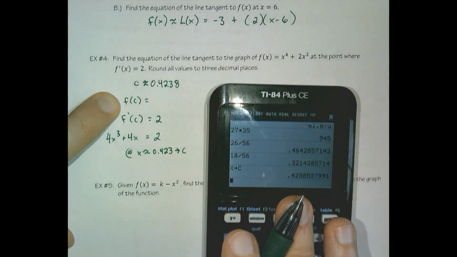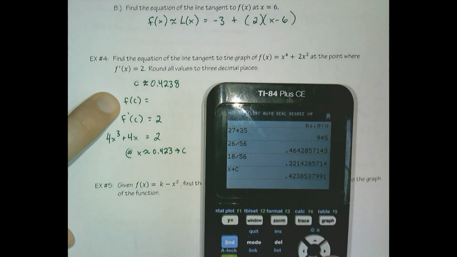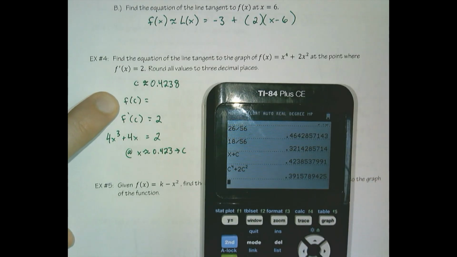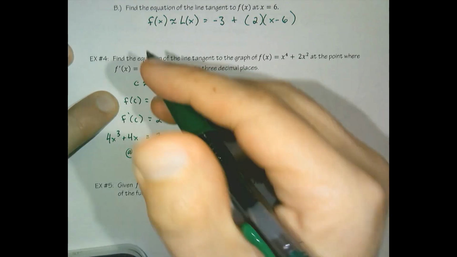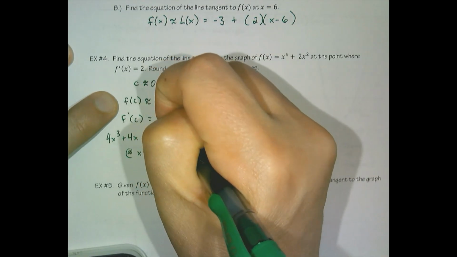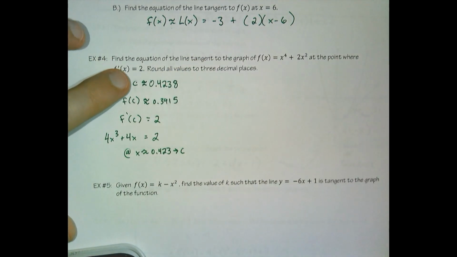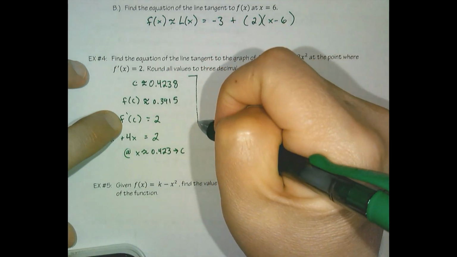Well, I can do alpha C to the 4th plus 2 alpha C squared, and that'll tell me what the function evaluates to, roughly 0.3915. And now we have the 3 pieces that we need to write our tangent line equation.